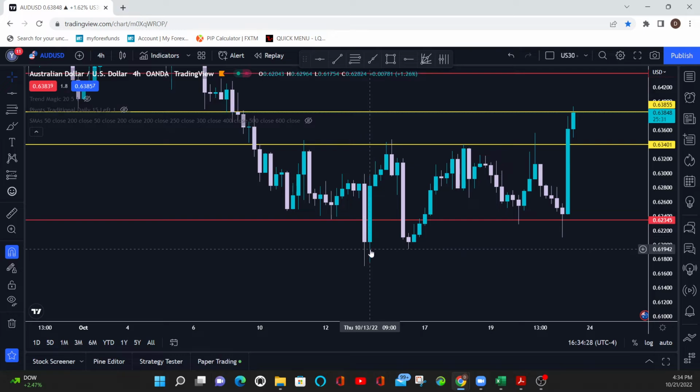But as you can see, these two candles right here. But you have these movements here. That's why you cannot always predict every single move in the market. But, you know. So price comes back up here, bounces off the resistance, comes back down.